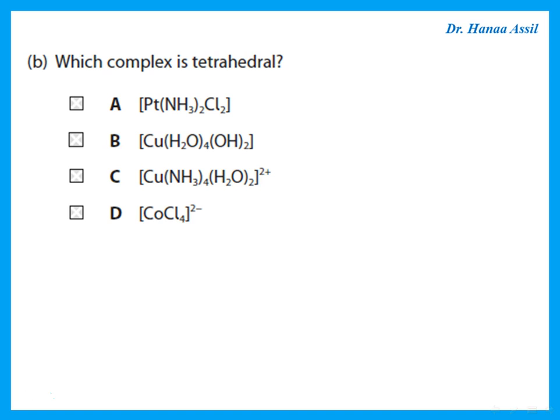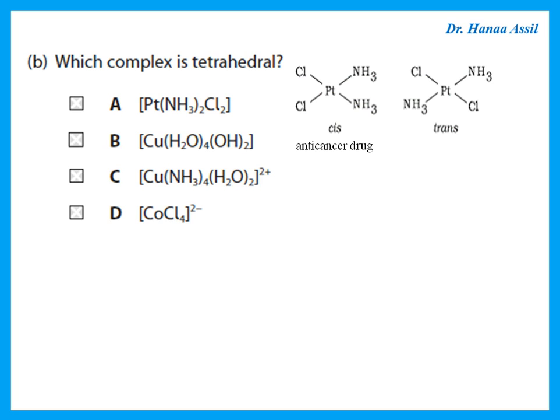Which complex is tetrahedral? Remember that different complexes, you should be familiar with their shapes. Now, if something is bonded to 4 molecules or atoms like this platinum complex, which can be cis or trans, remember that this is important to us because the cis form acts as an anti-cancer drug.